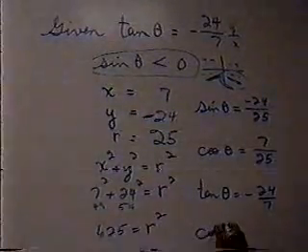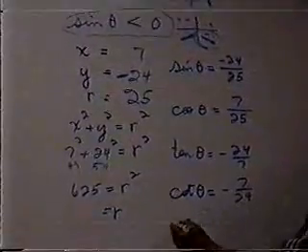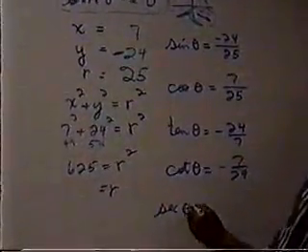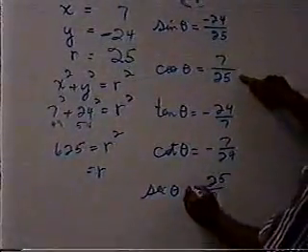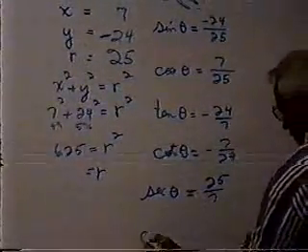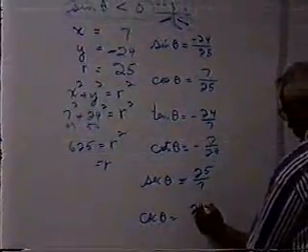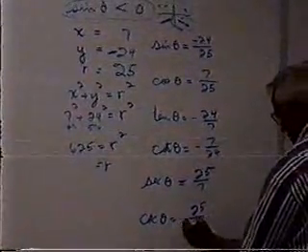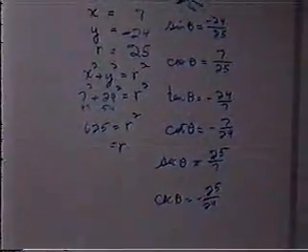Therefore, the cotangent is minus 7 over 24. And the secant is the cosine flipped over, so that's 25 over 7. And therefore, the cosecant is the sine flipped over, which is 25 over 24. All right, now let's look at the last example on this tape.